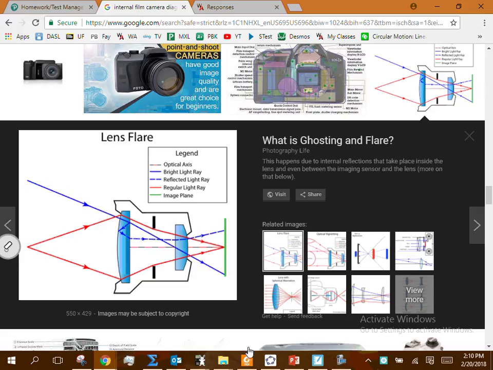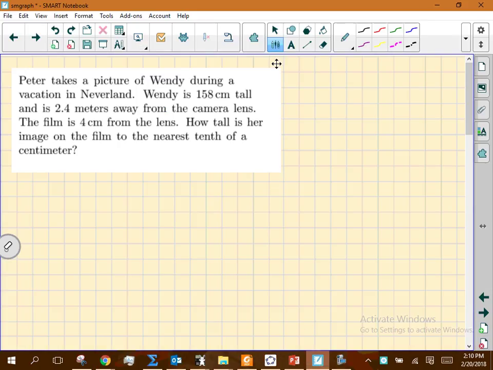Okay. So I'm going to draw a picture that mimics this. It's not going to be the greatest picture, but let's just say this is our lens.